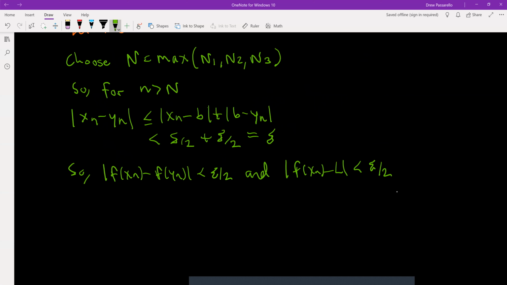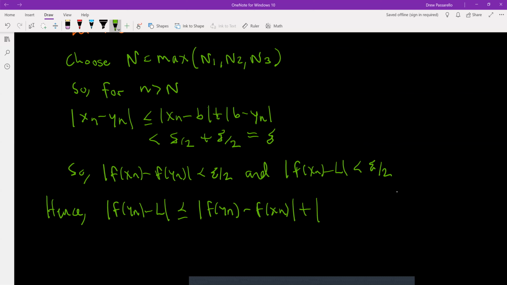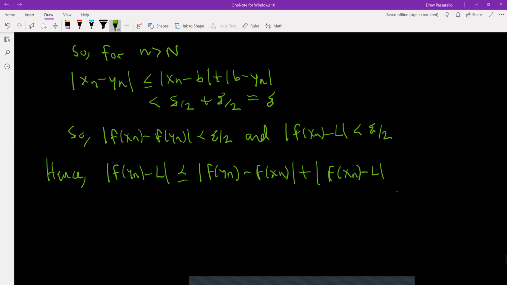And hence, the absolute value of f of yn minus L is less than or equal to the absolute value of f of yn minus f of xn plus the absolute value of f of xn minus L, and then that's less than epsilon over 2 plus epsilon over 2.